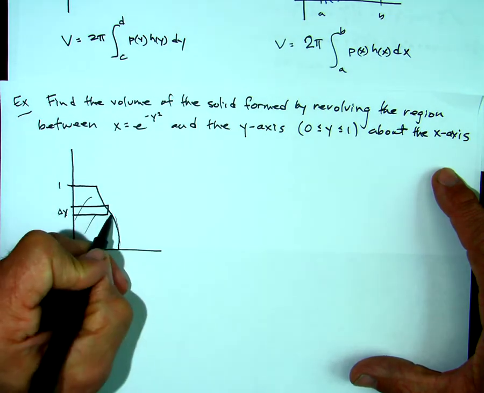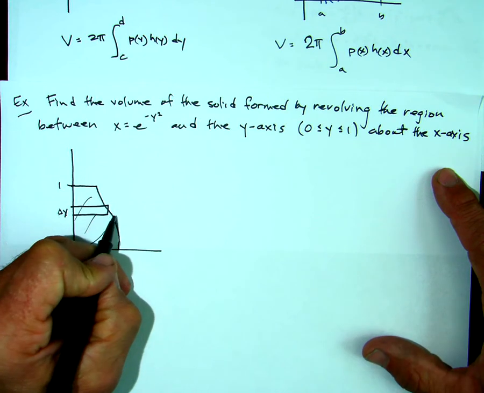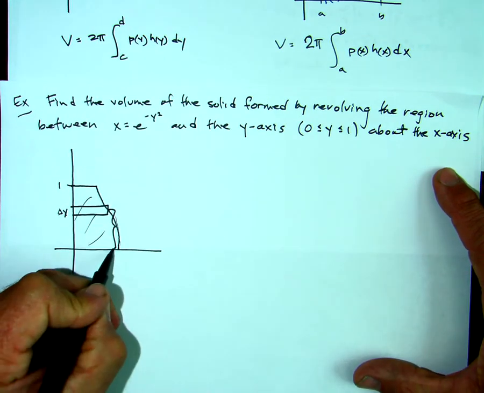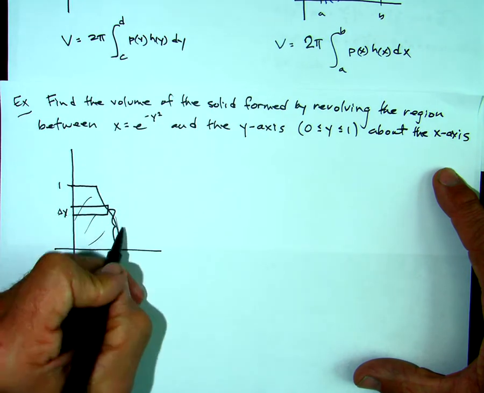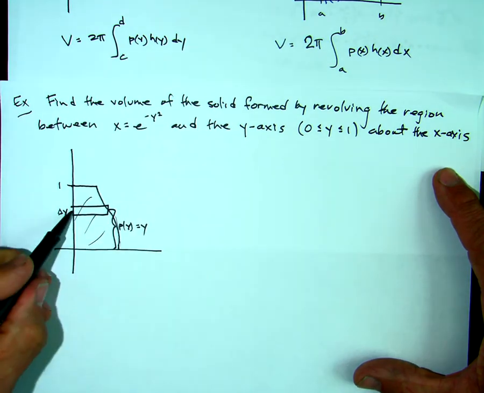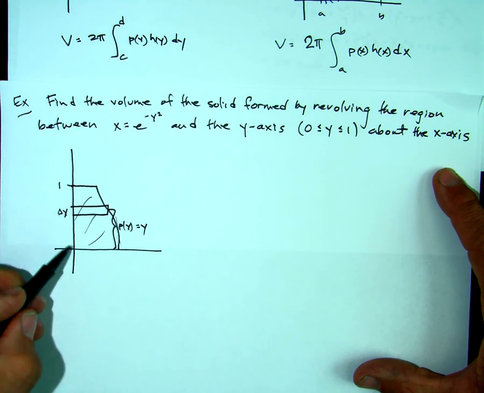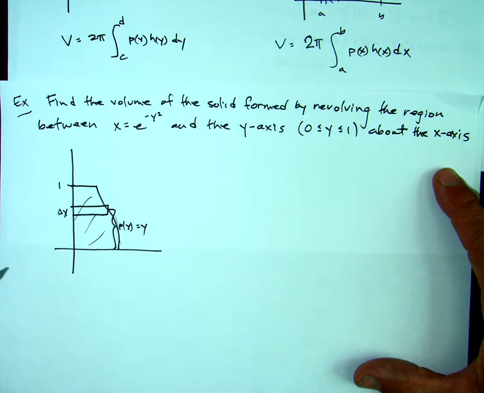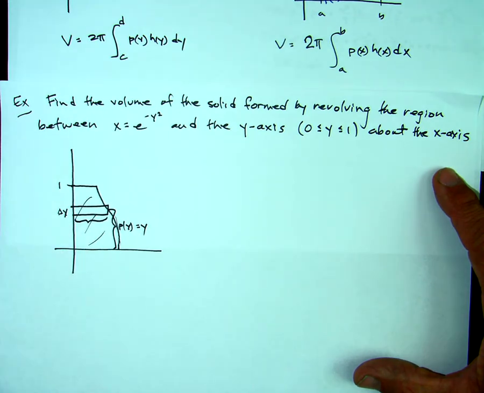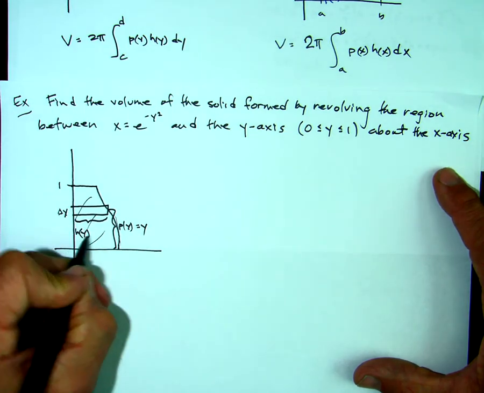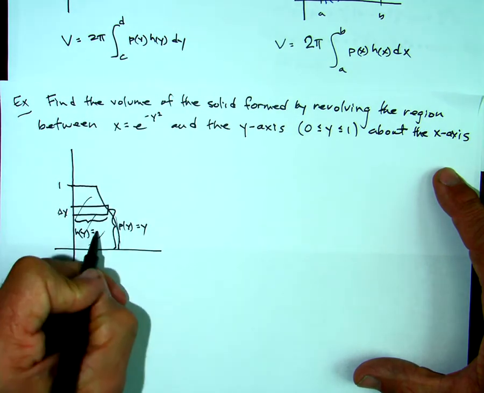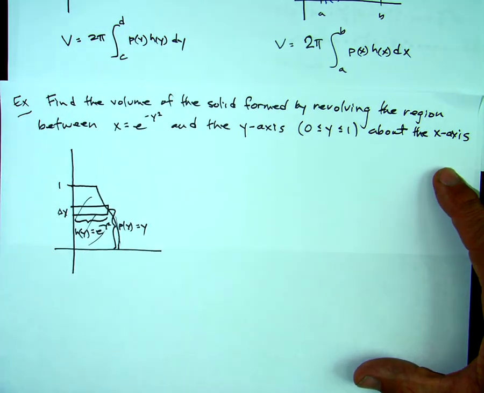Then we're looking at this distance from the x-axis up to the middle, and we'll just call that y. That's p of y, because the y value in the middle of the rectangle gives us the distance from the x-axis up to the middle. And the width of this, that's our h of y, and that's just our function, e to the negative y squared.